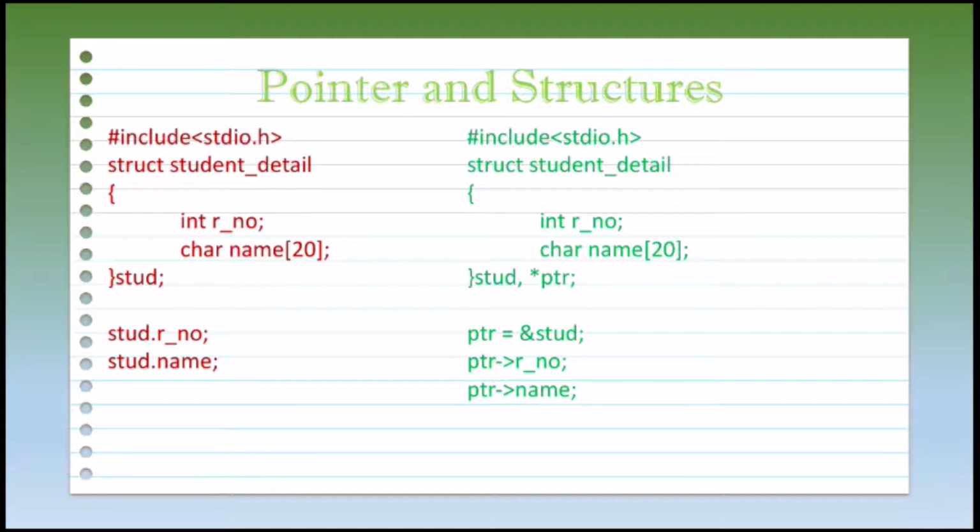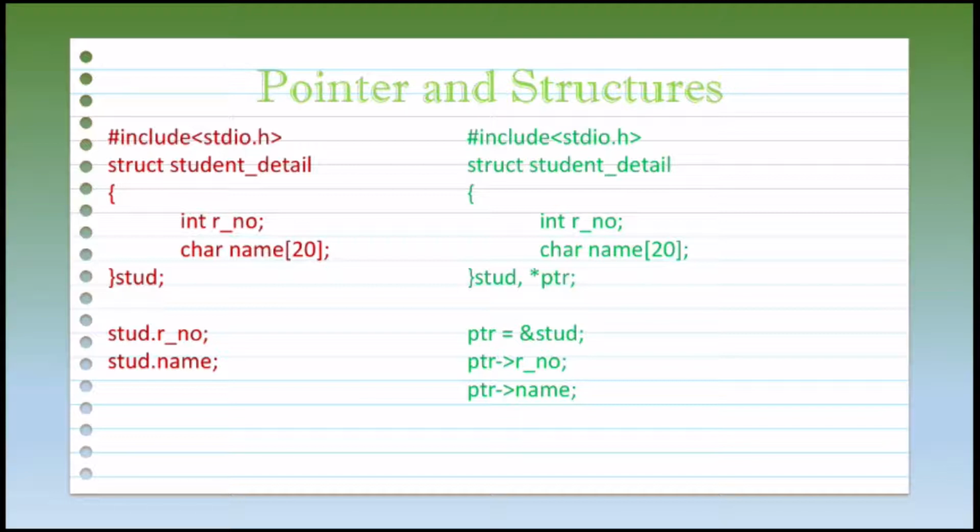So basically pointer variable is used to store the address. So here also we are doing the same thing. The variable, that is stud, and address of that we are trying to save in the pointer variable. So the statement is ptr equal to and stud. To access the members by using pointer variable, we have to use arrow marks, that is hyphen and then greater than symbol.